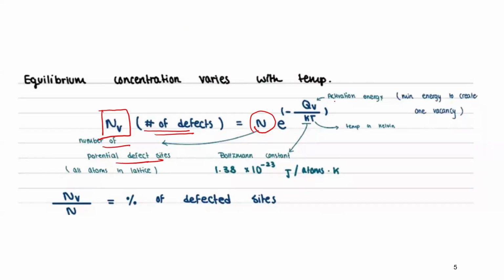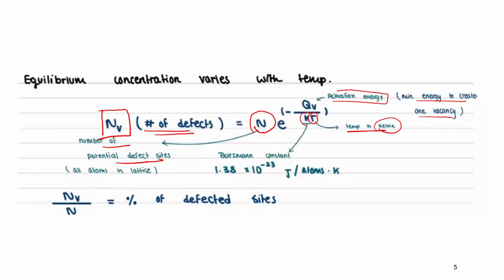Q means the activation energy, the minimum energy to create one vacancy. We should supply energy to create a vacancy, otherwise it is stable and nicely staying with the repeating unit in a periodic way. T is the absolute temperature, that means the temperature in kelvins.